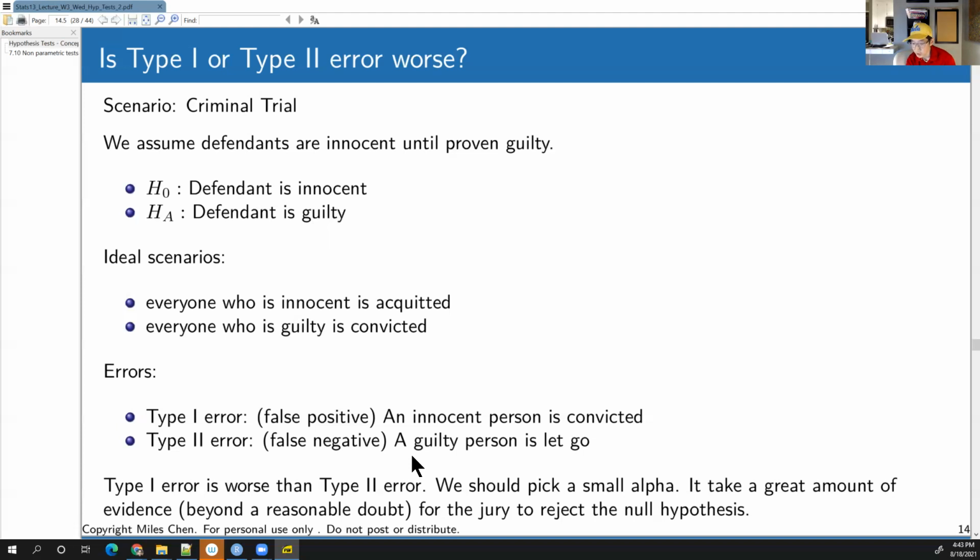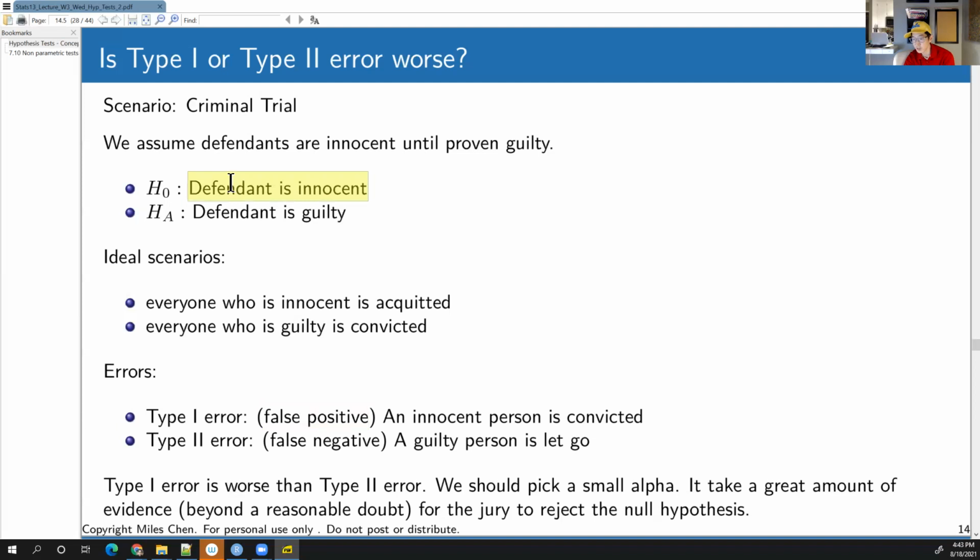A question in the chat. It says, how are you making the statements for type 1 and type 2 error? A little confused on that part, right? So type 1 error, false positive. False positive means we've rejected the null. Okay, what does it mean to reject the null? If we reject the null, that means the jury comes to a guilty verdict, right?